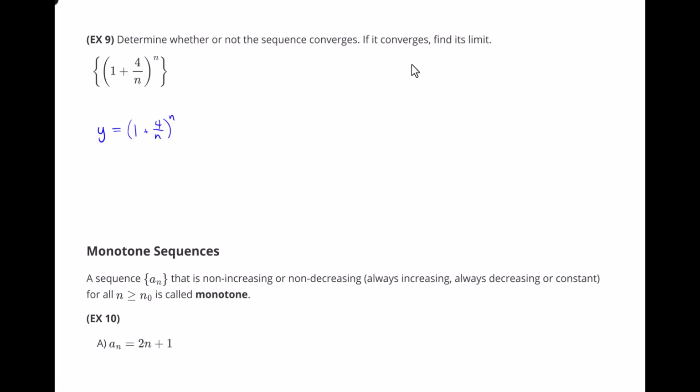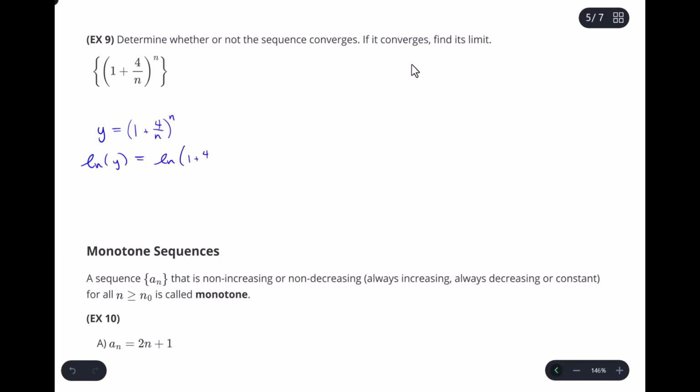Okay, now to get rid of an exponent, one thing that always works, and one of the main reasons we love logarithms, is that if we took the logarithm of both sides of this equation, we could remove that exponent and make it a multiplier.